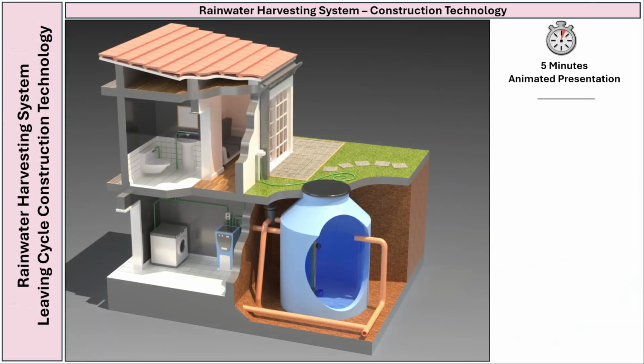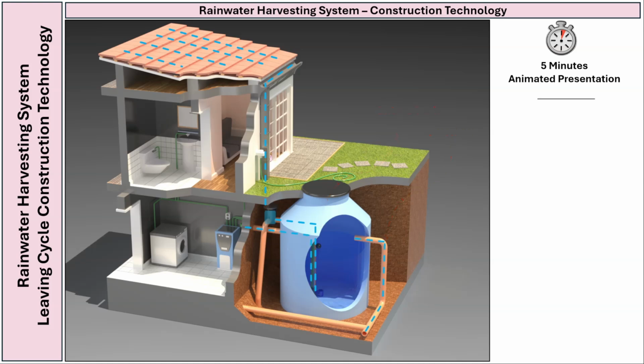Next, an animated PowerPoint depicting the flow of the water will be presented to the board, where students will be asked to predict where the water will flow next. First, we start off with the rainfall, which collects into the gutter and then flows down the downspout into the filter. The water then goes into the tank, and any excess water goes through the overflow.